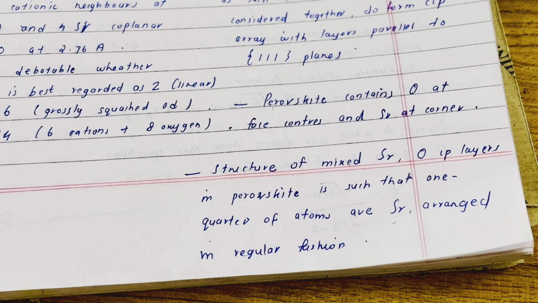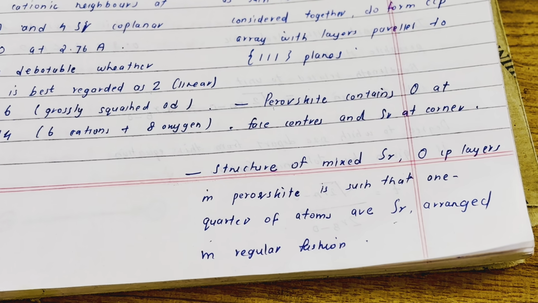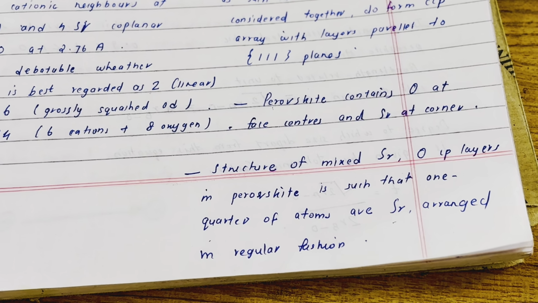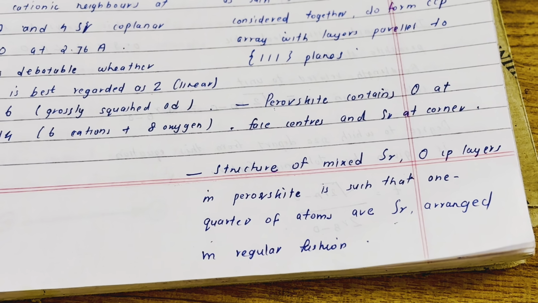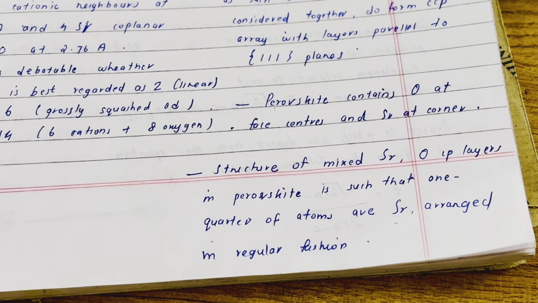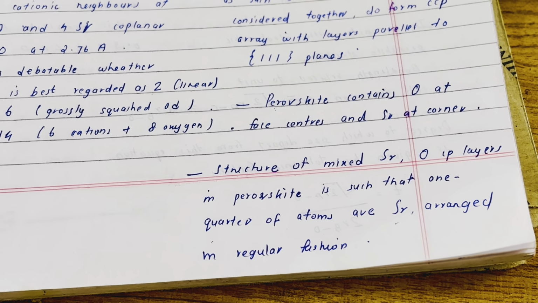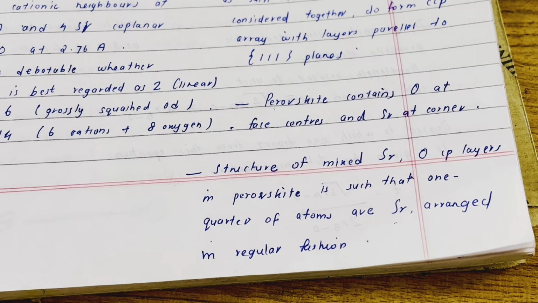While looking at the structure, you will understand that it is actually made up of strontium oxygen CP layers, like close packed layers, in such a way that 1/4 of the atoms are strontium. If we consider a portion, we can see it is just strontium oxygen CP layers. We are not considering the titanium at the body center.